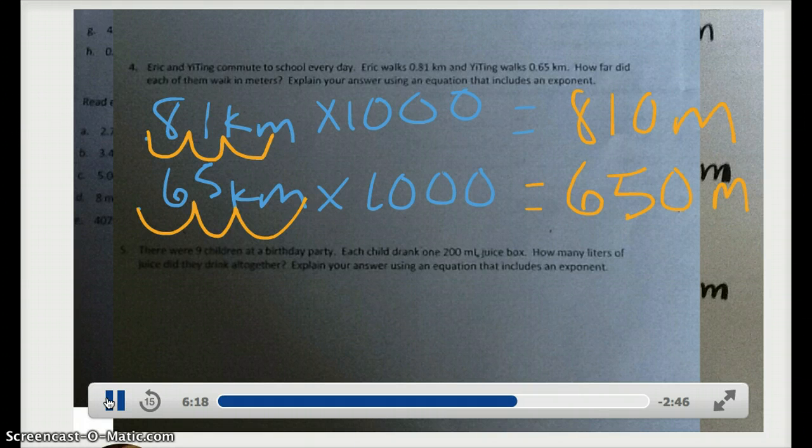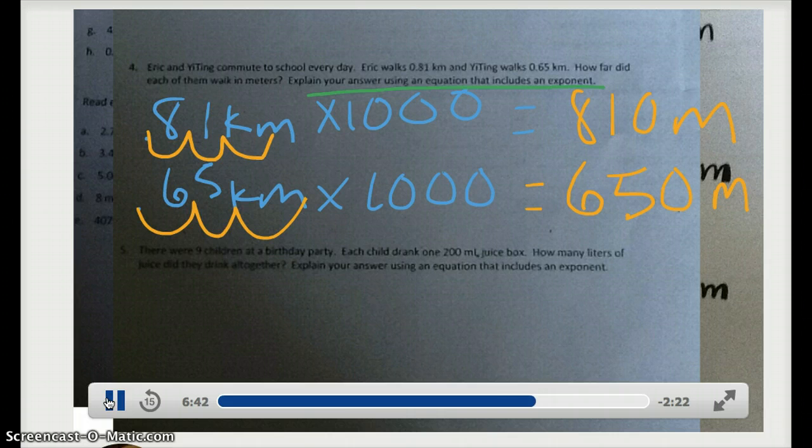Explain your answer using an equation that includes an exponent. You see, I didn't even read that until after I found out the first thing that we wanted to know. So how am I going to say what I did in exponents? Well, I took 0.81 kilometers and I multiplied by 1,000. How do I show 1,000 in exponents?